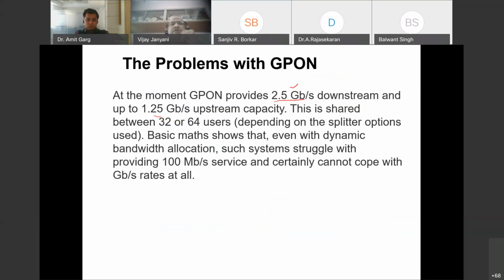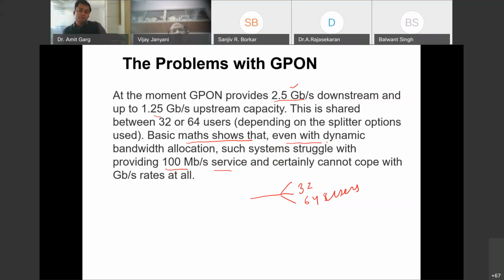But as soon as you share that using a splitter to, let us say, 32 or 64 users, even very simple mathematics will show you that, even with dynamic bandwidth allocation or whatever you try, each user cannot get more than 100 Mbps service at the most. So soon you will need more bandwidth than 100 Mbps.